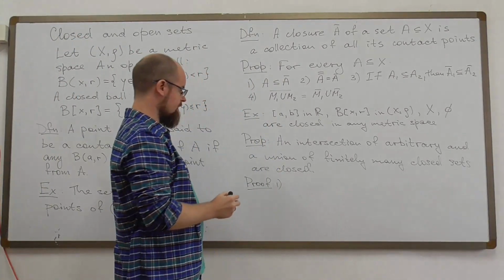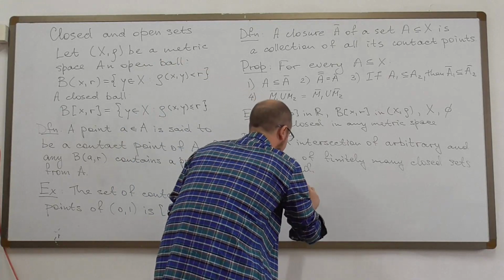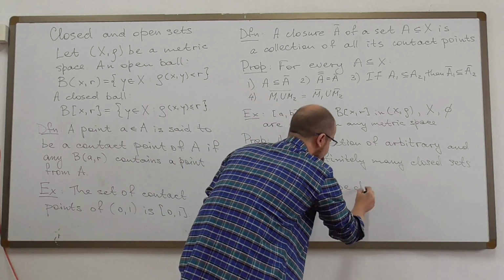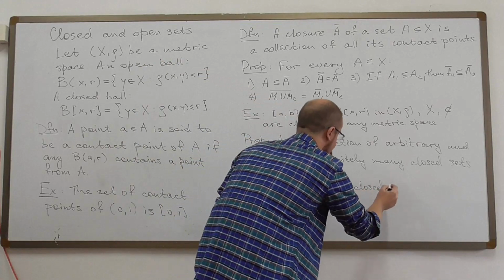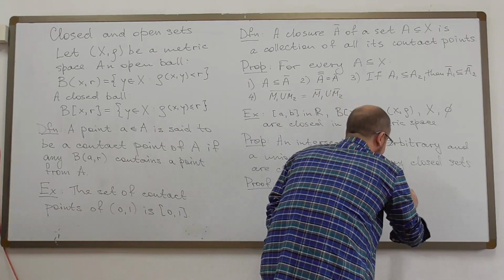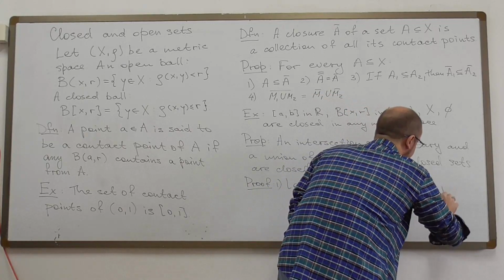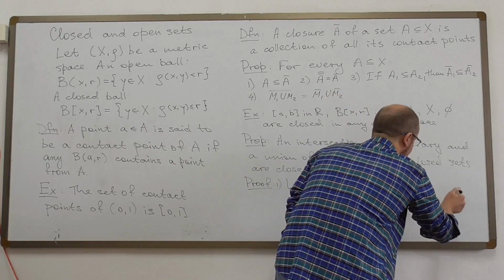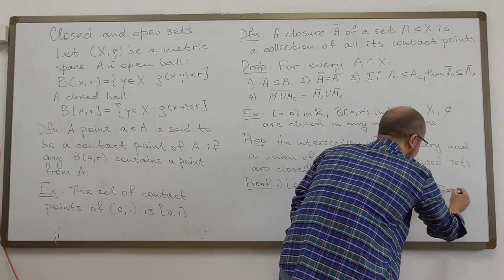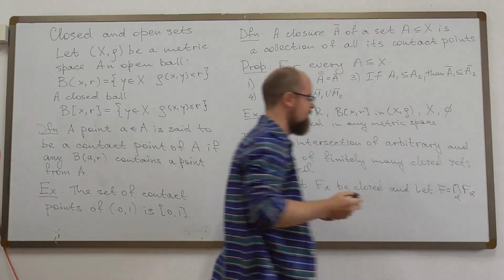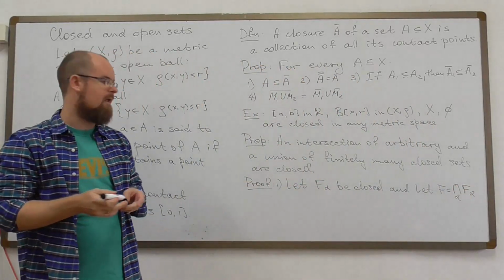For the first part, let F_alpha be closed sets and let F be the intersection of all of them, all F_alpha. We take the intersection over all alpha.